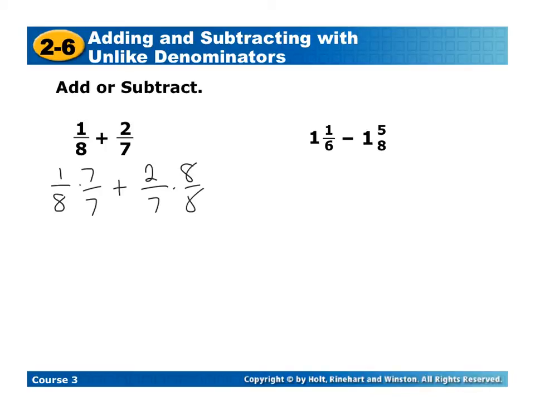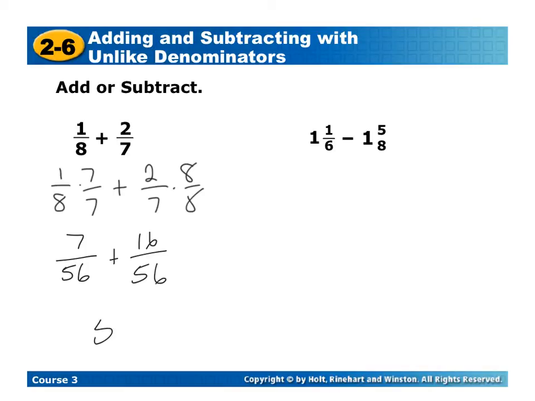Because I'm doing the same number on the top and the bottom, we are essentially just multiplying by 1, which, if you remember back to the identity property, maintains its value. Now I just multiply straight across. 1 times 7 is 7. 8 times 7 is 56. 2 times 8 is 16. 7 times 8 is 56.